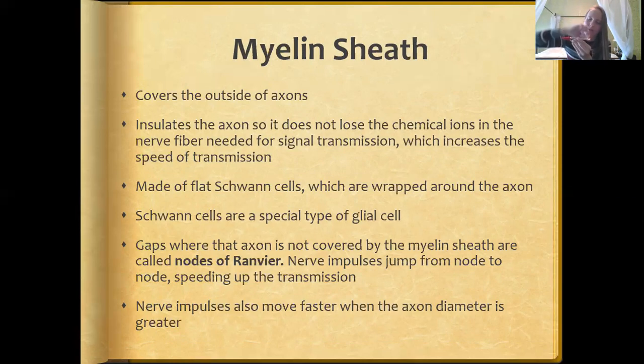However, if there is a myelin sheath, so this has wrappings around it with little gaps between them, as the impulse is traveling down this axon, it can jump from one node of Ranvier to the next. And because it can jump from one node of Ranvier to the next, it's able to move much more quickly.